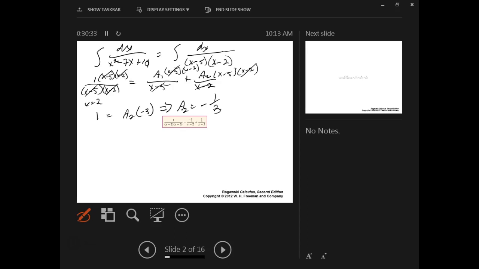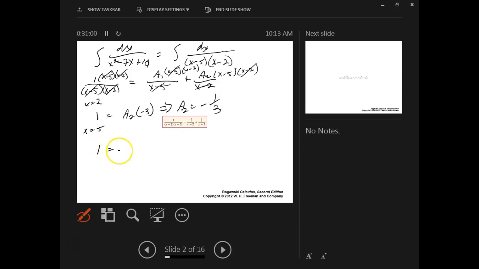Want to try again? Yes. What would be your next choice? x equal 5. Very good. What does the left-hand side become? 1. It stays 1.